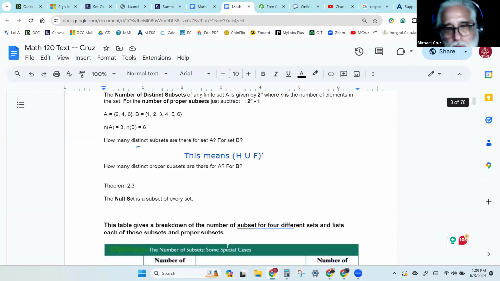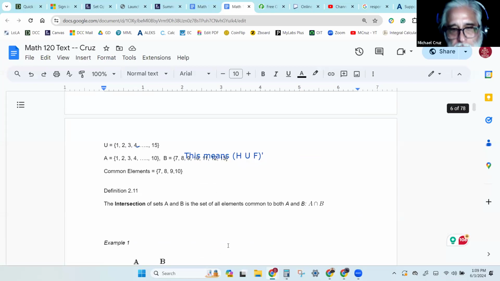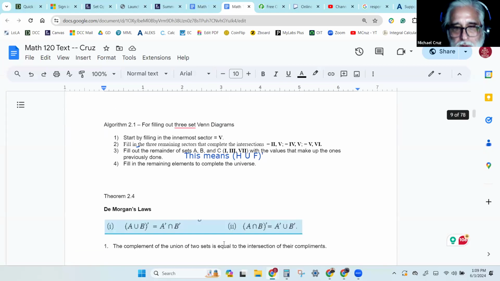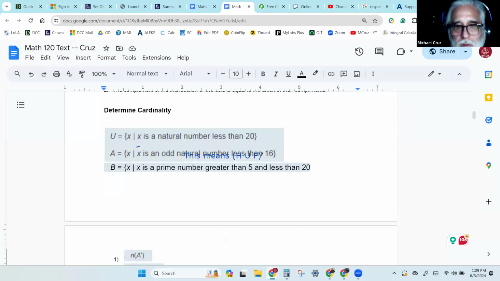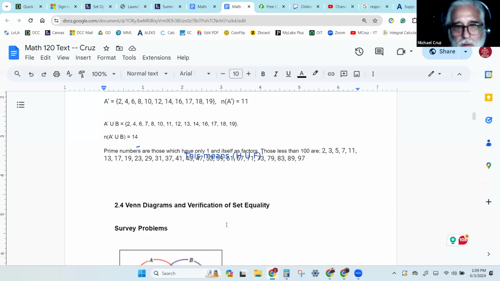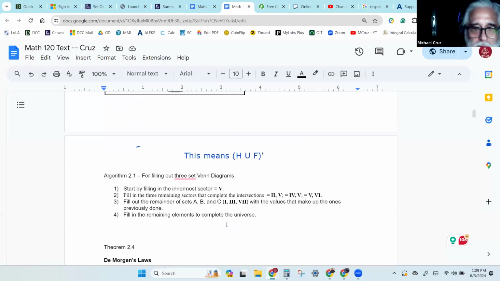I guess it's in the 2.3. I just wanted to make a little note in here for that. Well, where did I put it at?